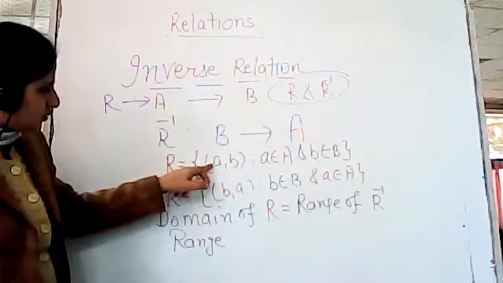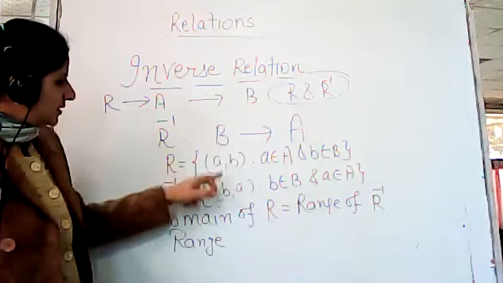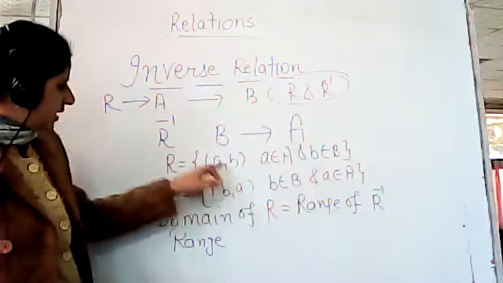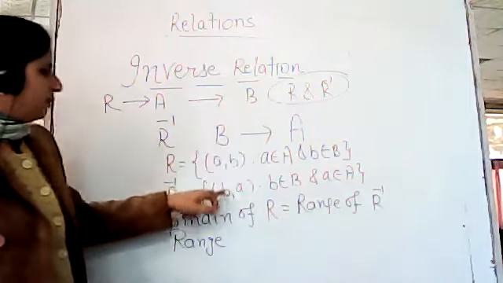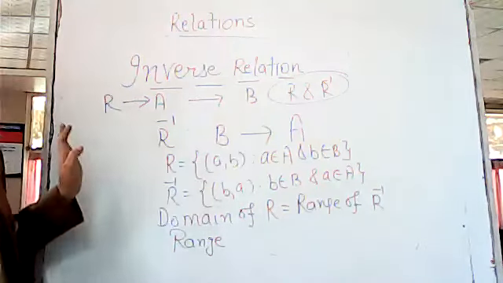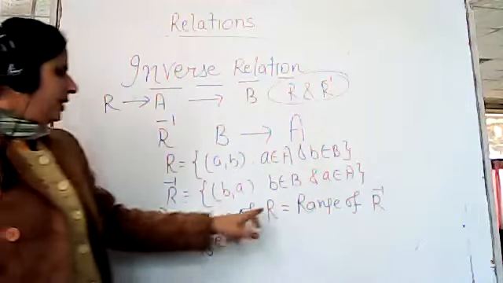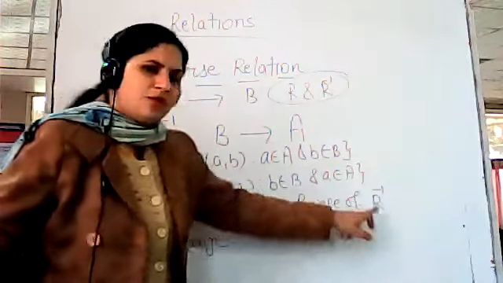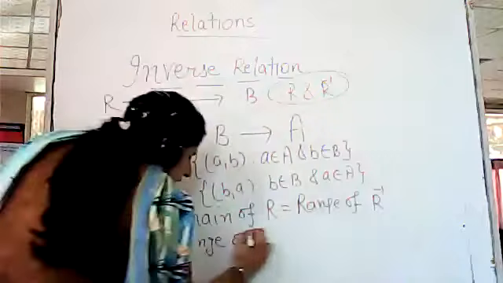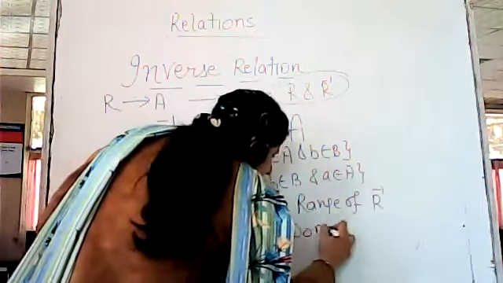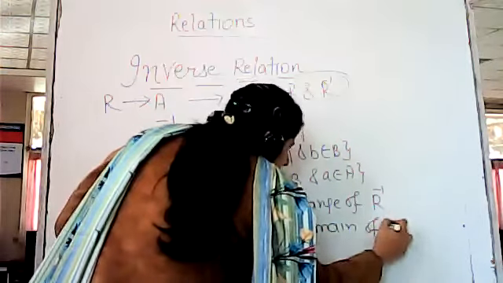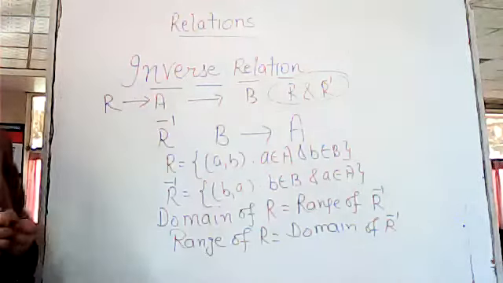So this is domain, this is range, but in the inverse it will become opposite. The domain will become the range, and the range will become the domain of the inverse relation. So we can say the domain of relation R will become the range of inverse relation, and similarly the range of relation R will become the domain of inverse relation. Any doubt in this result?